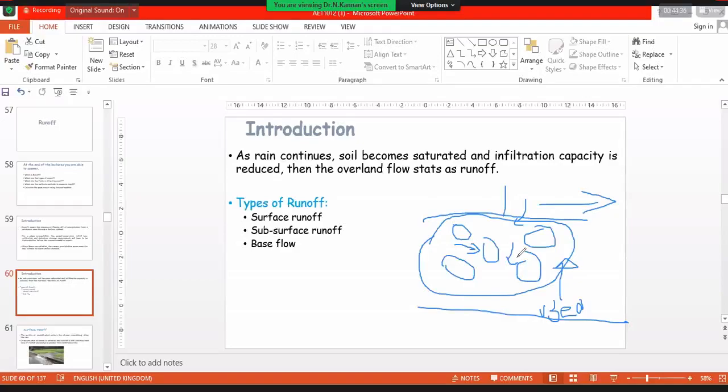If you have water flow over the soil surface, that is surface runoff. If it is happening just below the soil surface, that is called subsurface runoff. If it is happening at the bottom layers, that is called base flow. We will talk about all these later, and I will explain that in detail. Please make a note on this.